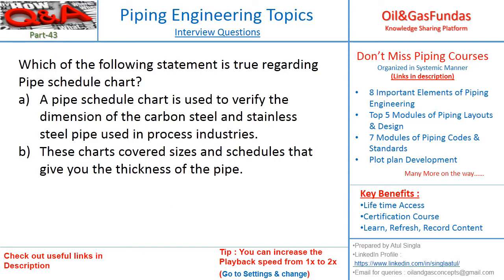Which of the following statements is true regarding pipe schedule chart? A pipe schedule chart is used to verify the dimension of carbon steel and stainless steel pipe used in process industries. These charts cover sizes and schedules that give you thickness of the pipe. So which of these two statements are correct?